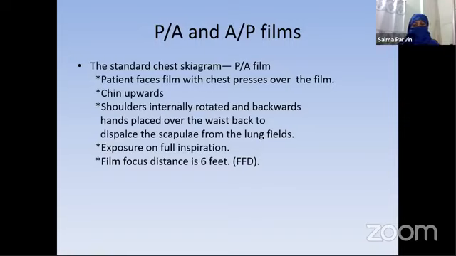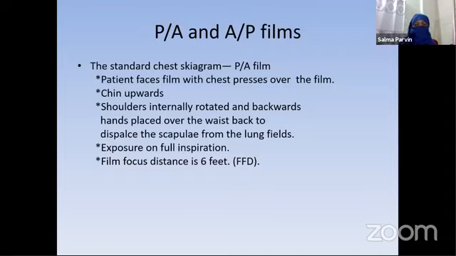Then what is the standard for the PA film? Because we are very used to studying X-rays with PA film, let's go through the common thing first. The patient in this situation faces the film with the chest pressed over the film, the cassette film.